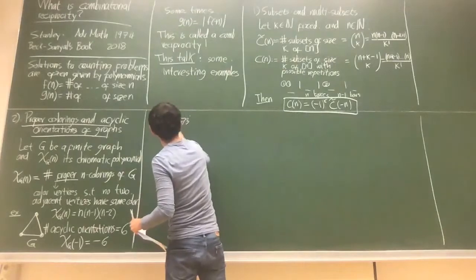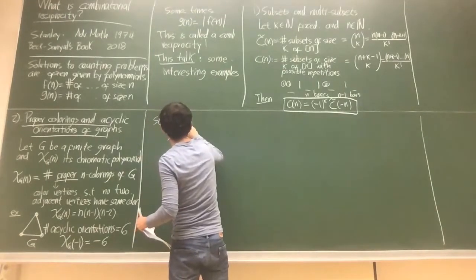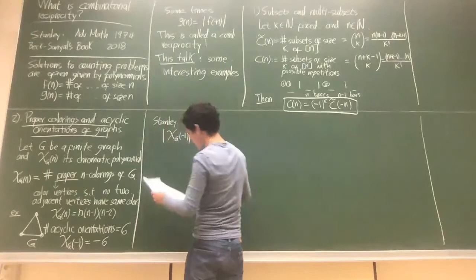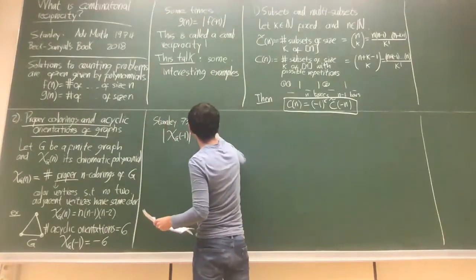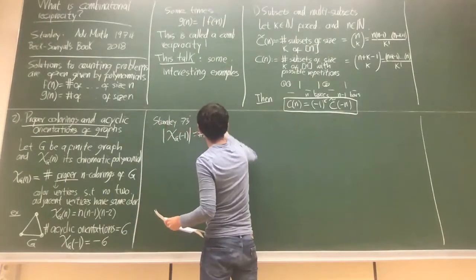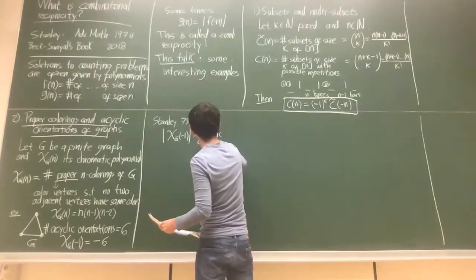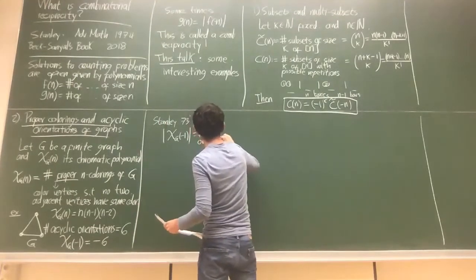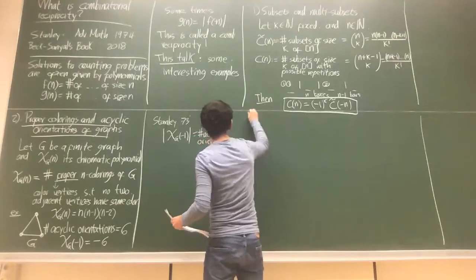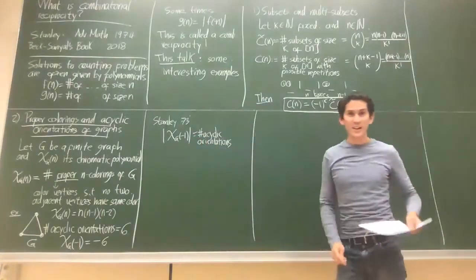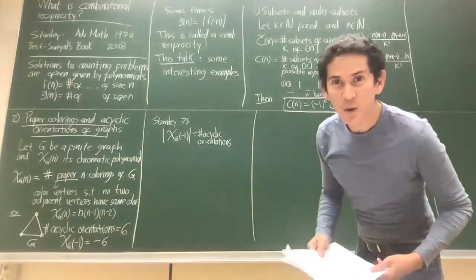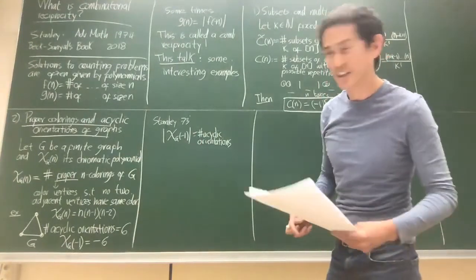A chromatic polynomial evaluated at -1, in absolute value, is equal to the number of acyclic orientations. And here is a question for the ones of you who are very curious.